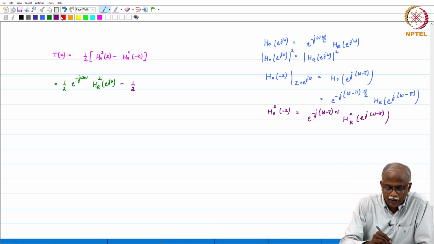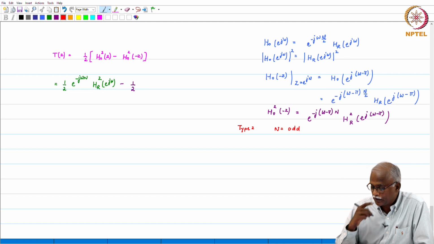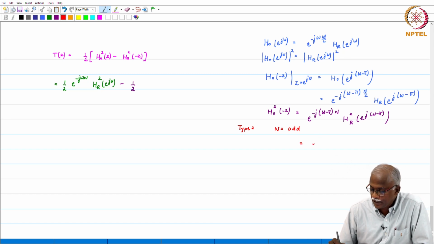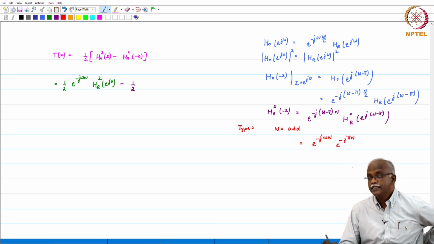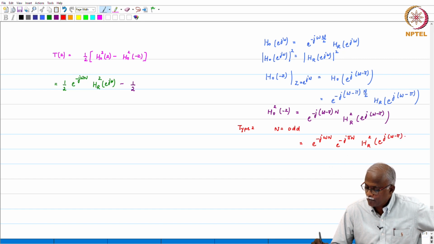But note an important point: we have assumed type 2 linear phase, and therefore n is odd. So if you now expand this expression, this will be e power minus j omega n, e power minus j pi n, e power minus j pi is minus 1, and the term here is H R squared e power j omega minus pi.